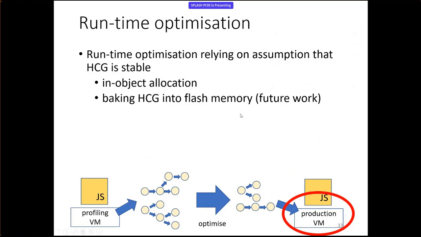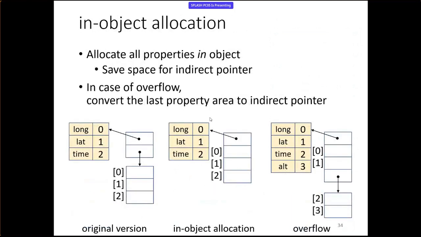But the second item has not been implemented yet. In-object allocation is that we allocate all properties in the object, rather than using an external property array.